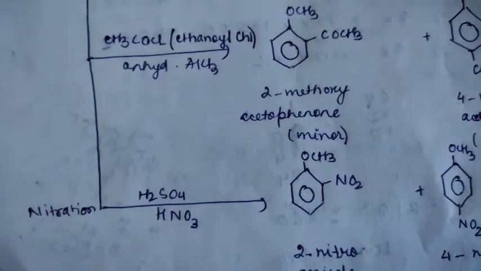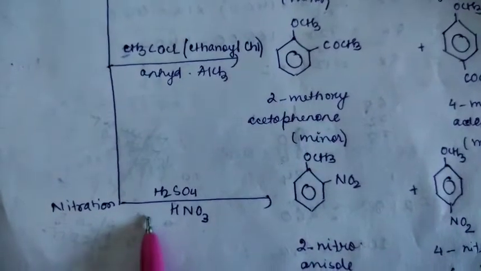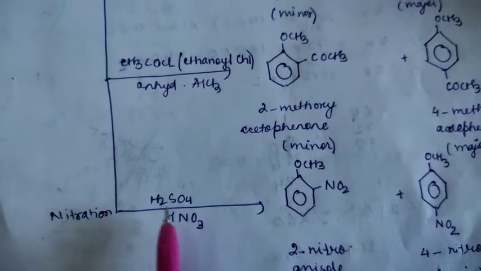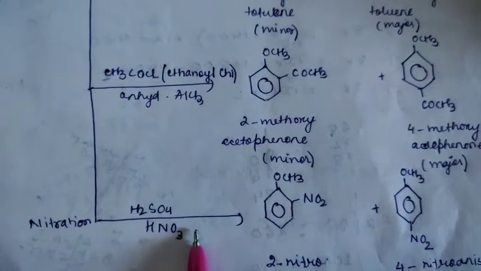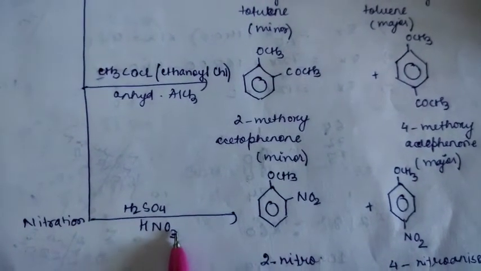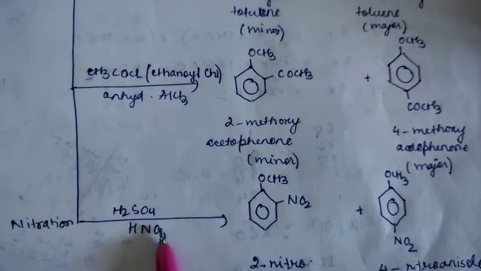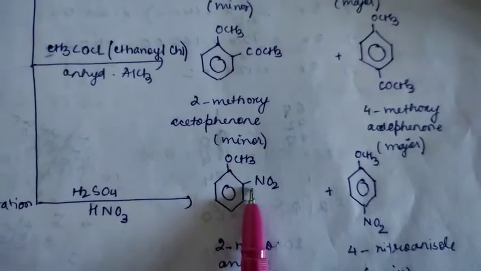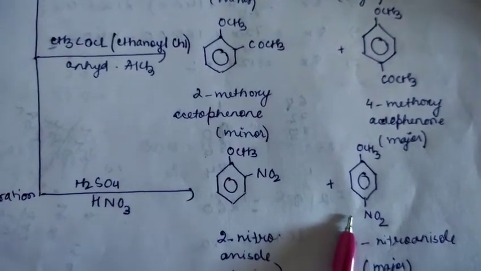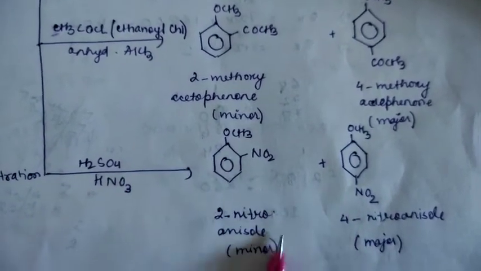Next, if we talk about nitration, we have to add sulfuric acid plus nitric acid. When you do so, what is added? Since it is nitration, an NO2 group is added to the compound. Again, at the ortho position and at the para position, you will get the respective NO2 group.